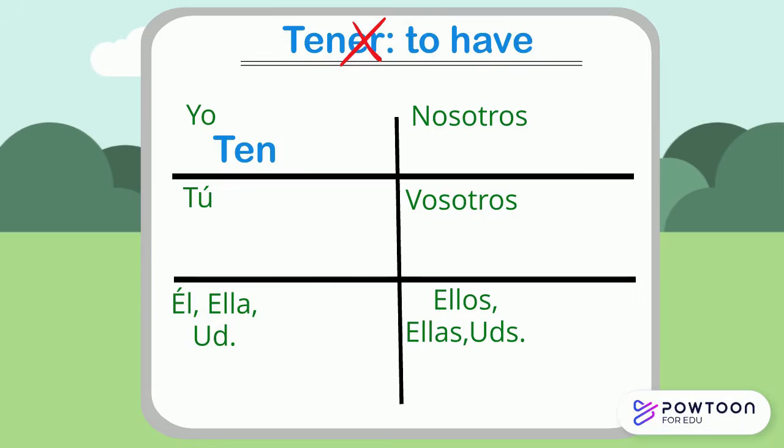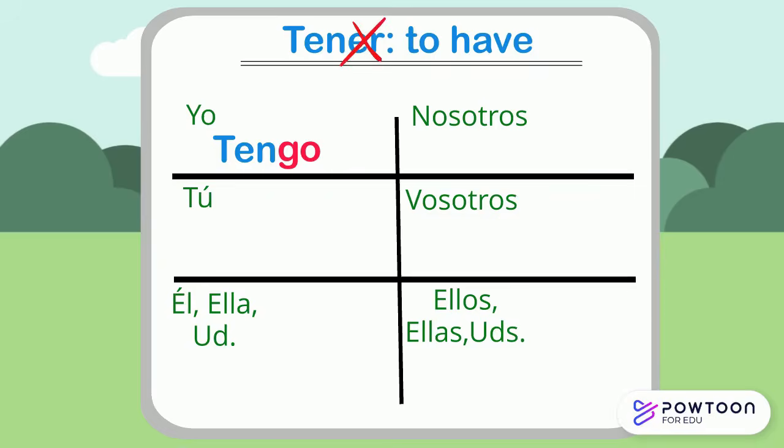That is because instead of simply adding the letter O to the stem as we do with regular AR, ER, and IR verbs, we're going to add GO. Yo tengo. I have.